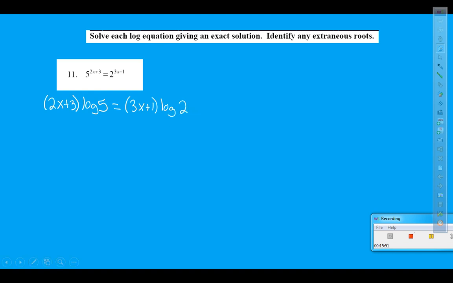Now remember, you got to get your x's together, your non-x's together. So I'm going to distribute again. So I've got 2x log of 5 plus 3 log of 5 equal 3x log of 2 plus log of 2.